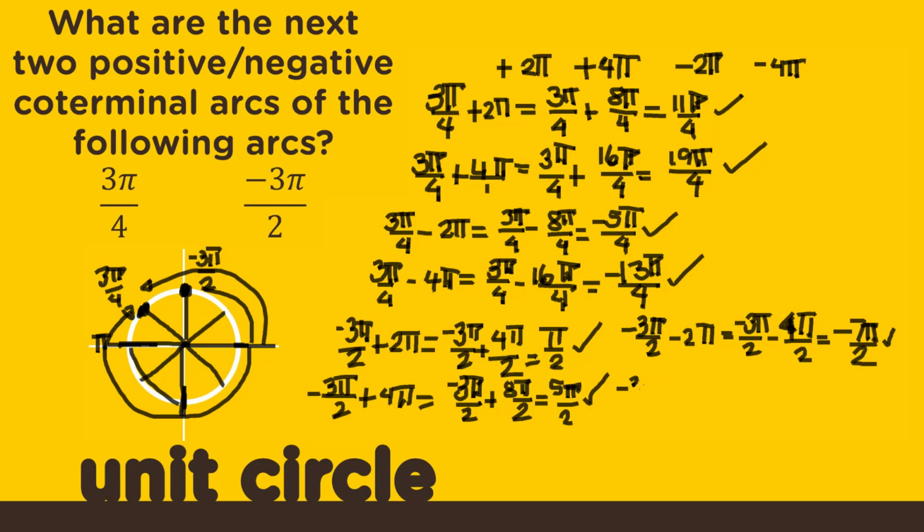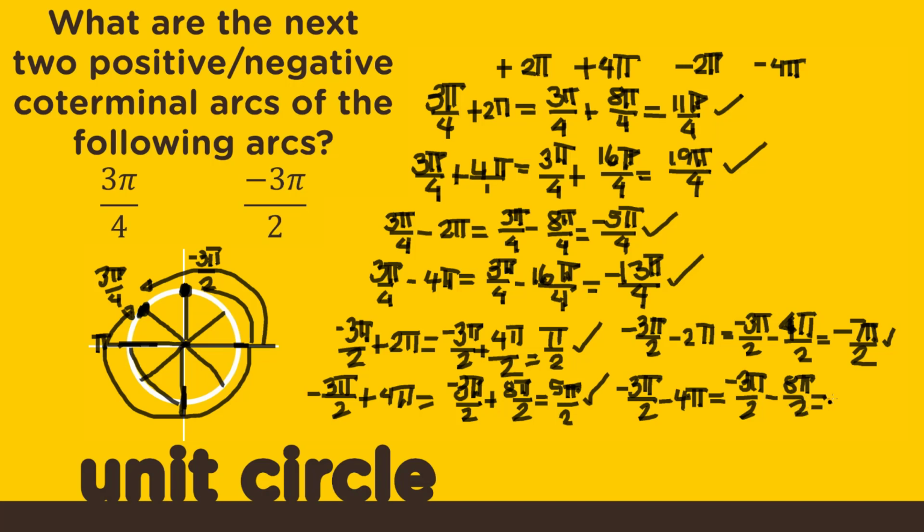And of course, just to complete this, because that's what is asked, we have minus 4 pi. That's minus 16 pi, right? Minus 3 pi halves, minus 16 pi halves. Was it 16? No, sorry, it's 8. 8 pi halves.